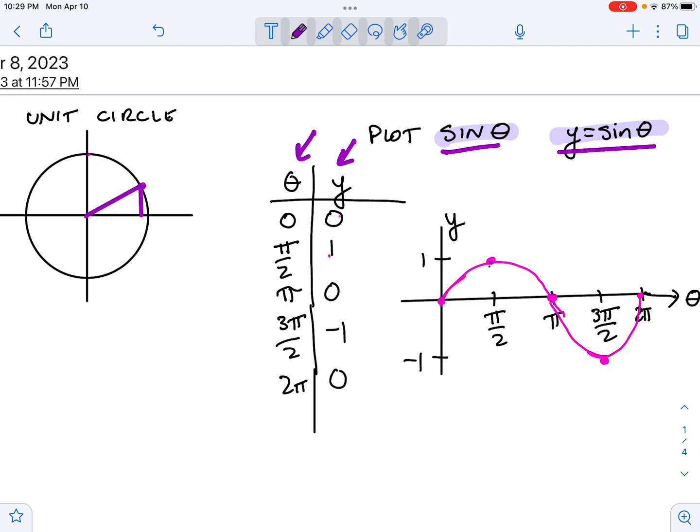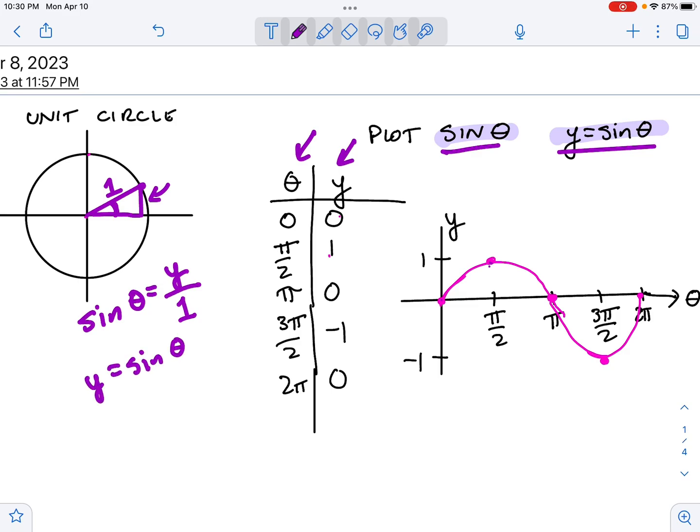If this is theta, and this is a unit circle, this is 1. So sine of theta would be this coordinate here, y over the hypotenuse, which is 1. Or we could just say y is equal to sine of theta, right?